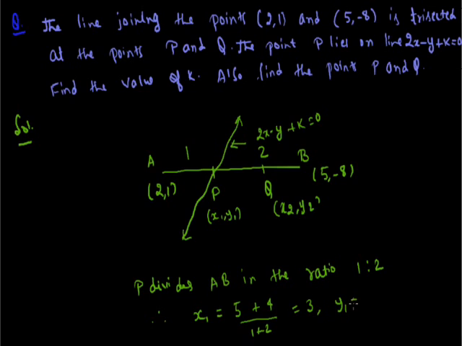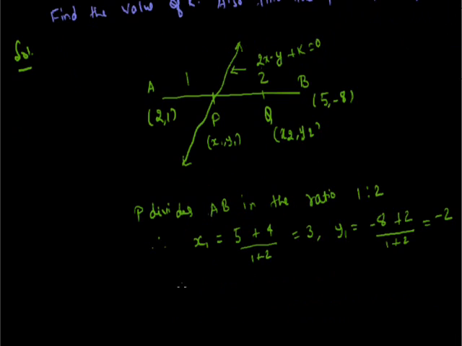Similarly, y1 equals (1 times minus 8 plus 2 times 2) upon (1 plus 2). So this is equal to minus 2. So point P is (3, -2).